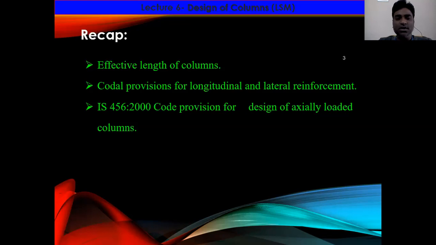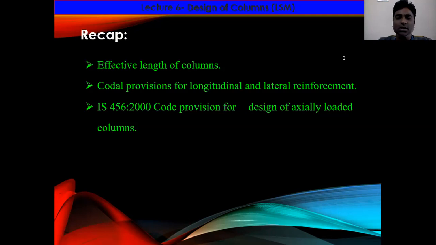Then we discussed the codal provisions for longitudinal reinforcement as well as lateral reinforcement. For longitudinal reinforcement, what is the minimum reinforcement to be provided, what is the maximum reinforcement allowed in columns, and what are the specifications, that is, how many bars are to be provided in square, rectangular, as well as circular columns.